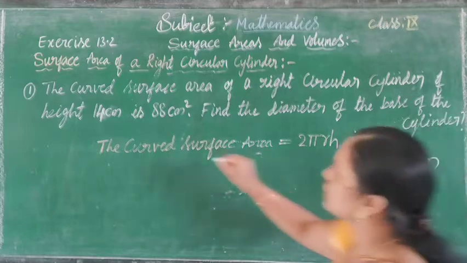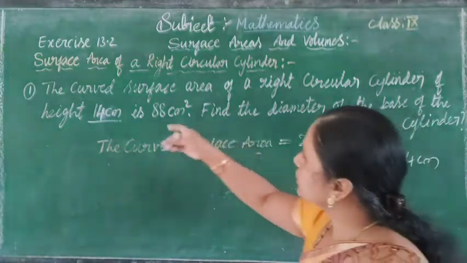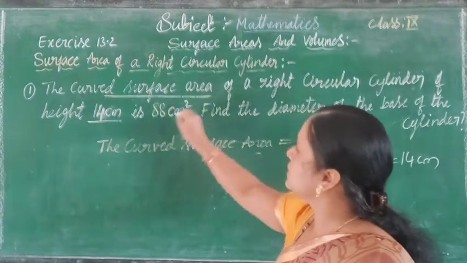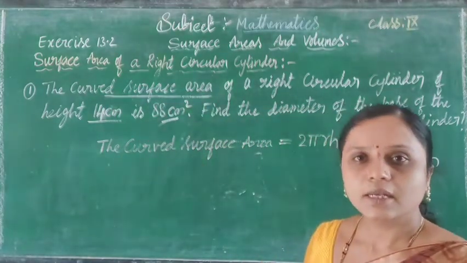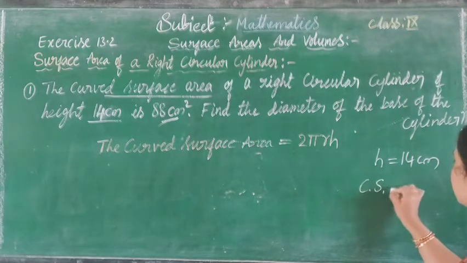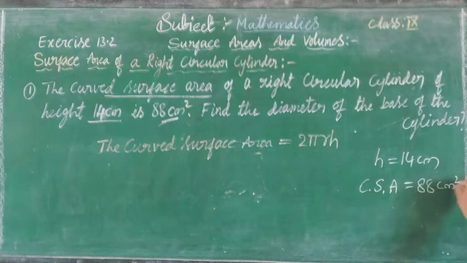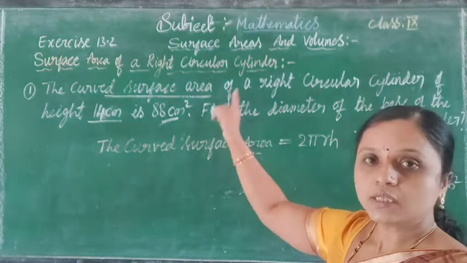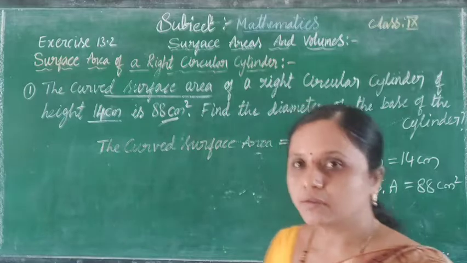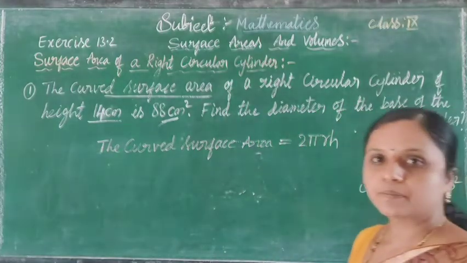Also the curved surface area is given, that is 88 centimeter square. What is to be found out? We have to find the diameter of the base of the cylinder.